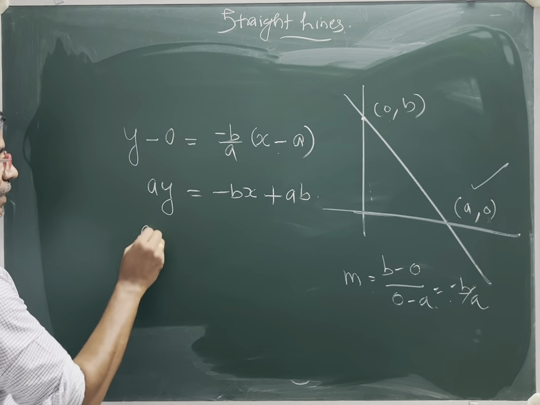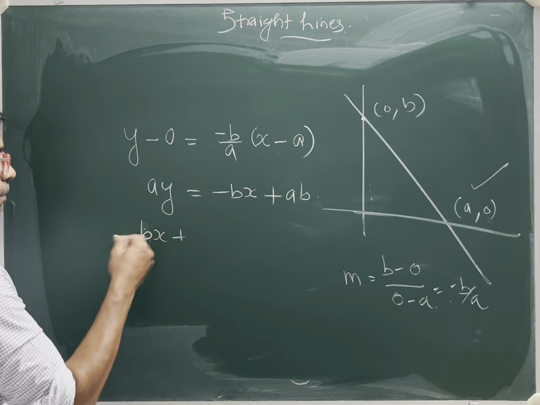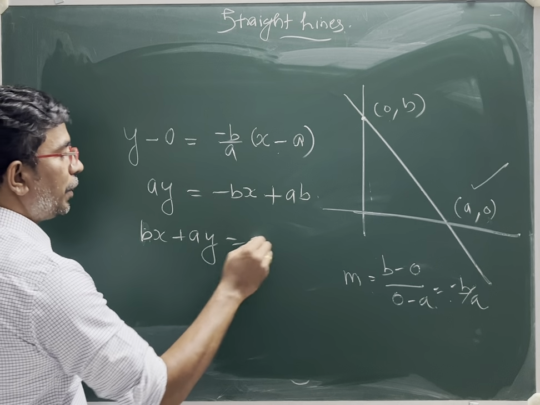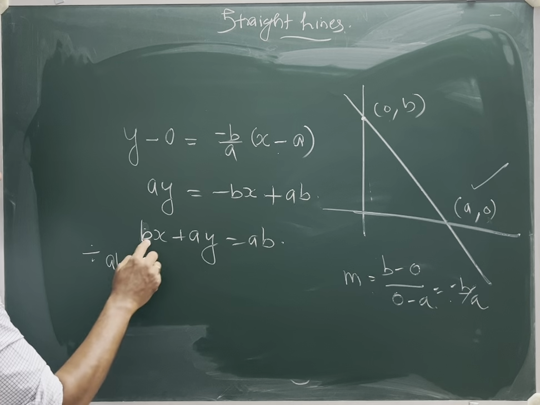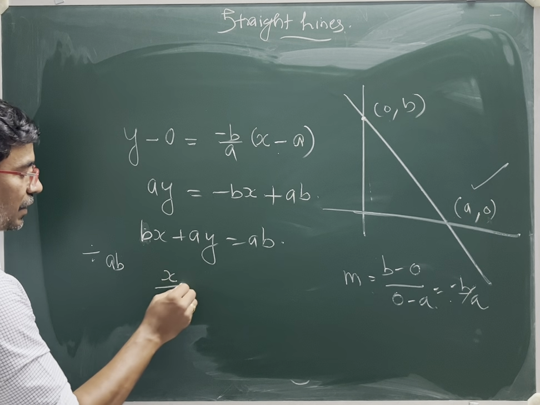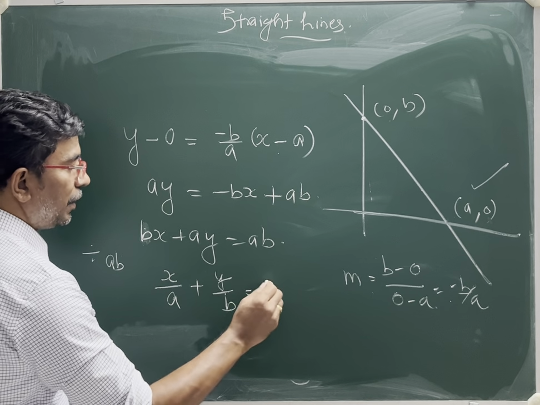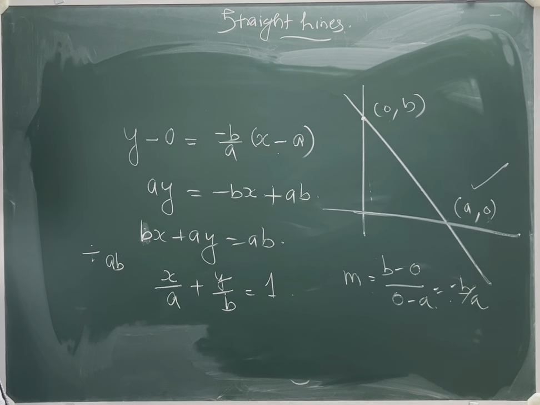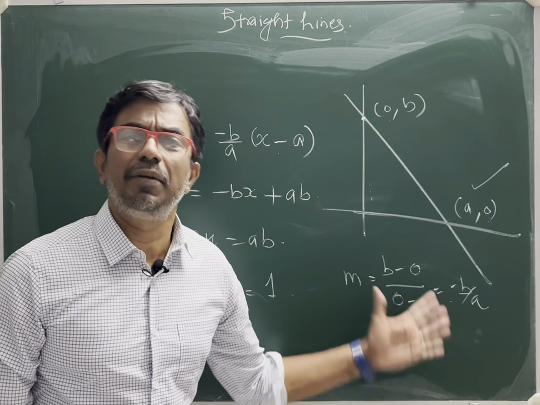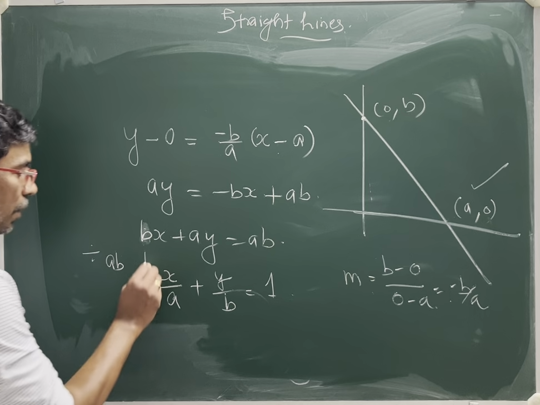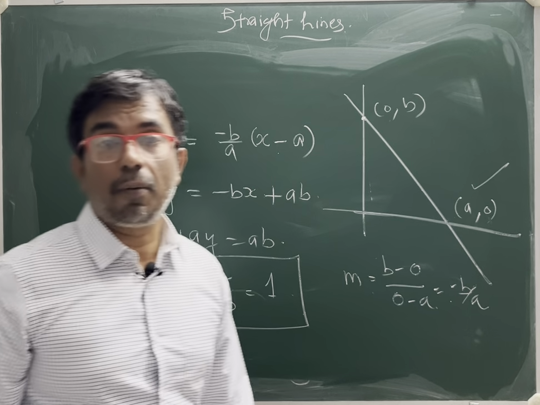Then I'll write this as bx plus ay is equal to ab. Divide this equation by ab. When you divide, what you get? b cancels, you get x by a. Here a cancels, y by b. Here ab by ab becomes 1. Don't worry about this derivation. Even if you do not know, remember this form. This is the intercept form.